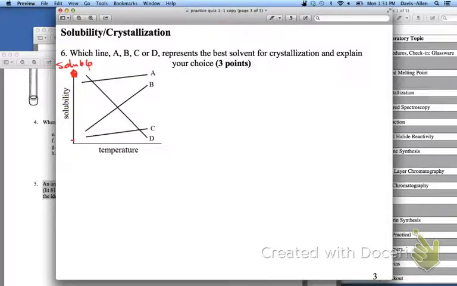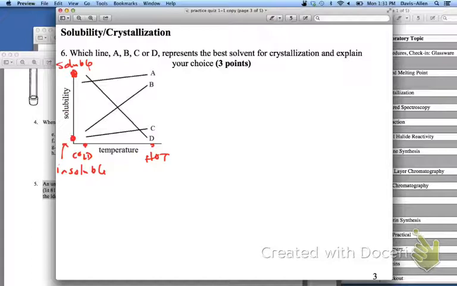What happens if I move to the very low point? Low solubility or insoluble. Then what do we have for those two? High and low, or hot and cold. That helps with a lot of the interpretation questions that can come out of this.